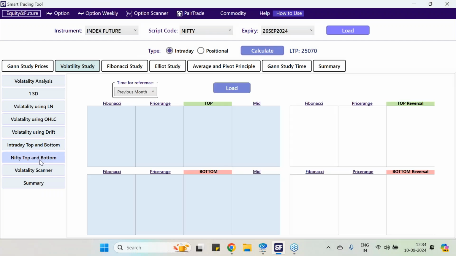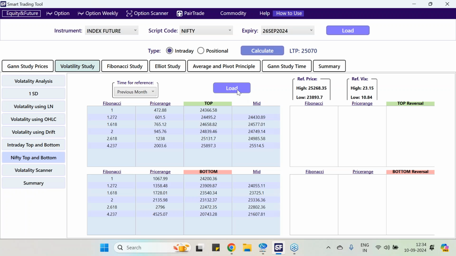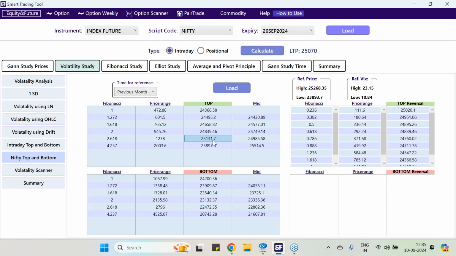Then we have another volatility study, which is top and bottom calculation using historic data. Last month, what was the high? What was the low? What is the lowest VIX? What is the highest VIX? Based on that, what is the top? You can see that we have already given 25,300, 200 plus. This is spot data we have to utilize. From here a reversal came.